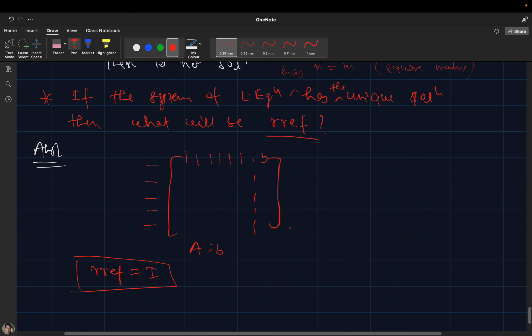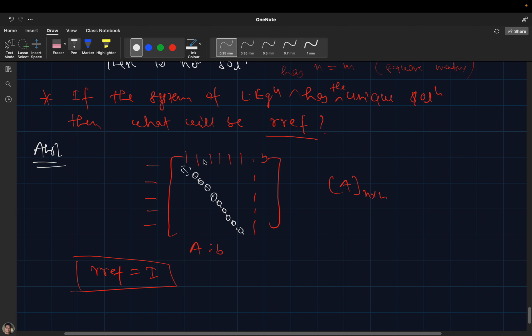If you have n equal to m, which means A is an n by n matrix, then if you change it into row reduced echelon form, the number of variables will be exactly equal to the leading variables.